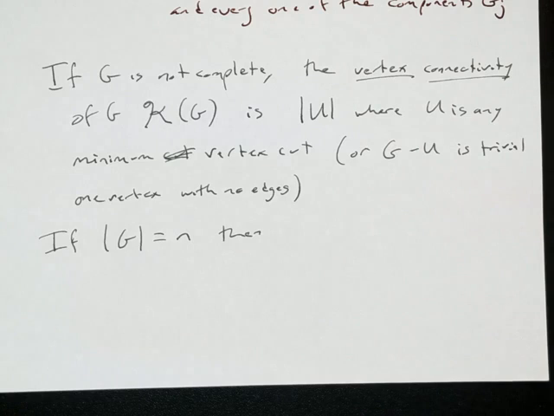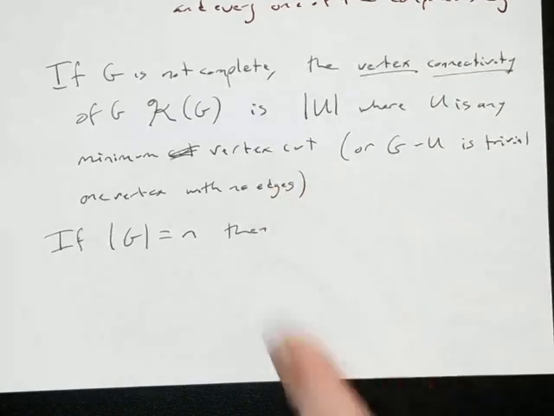All I know about my graph is it's connected, right? Zero. I don't need to take any of these away to get a disconnection. I have to take away all the vertices except half, that's the biggest possible thing.